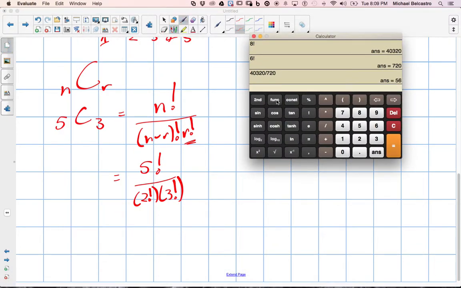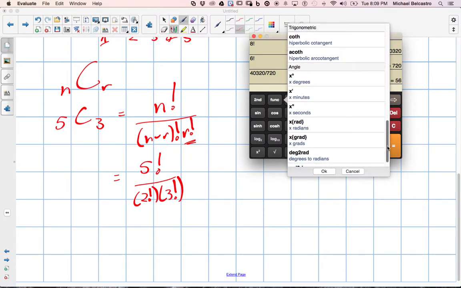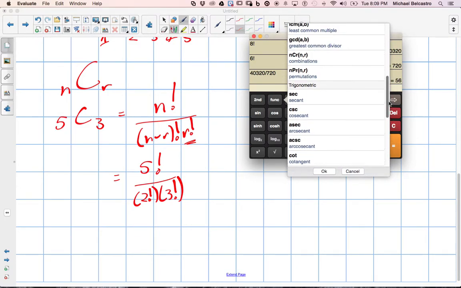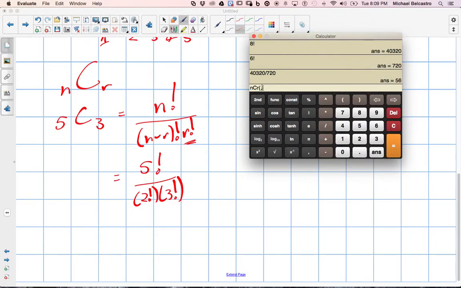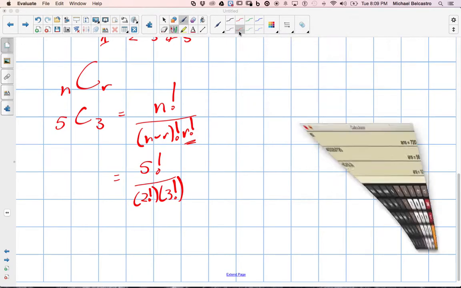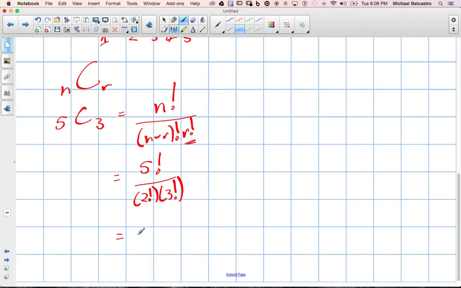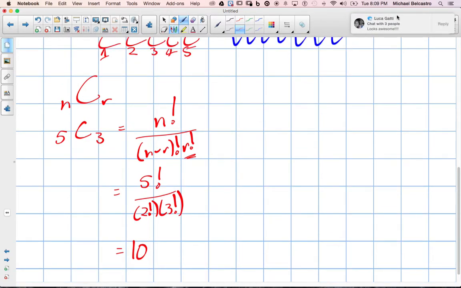It has a combinations function. So 5 is our n, and we have 5 choose 3, which is equal to 10. So there are 10 different ways to choose 3 chiefs out of the chiefs.